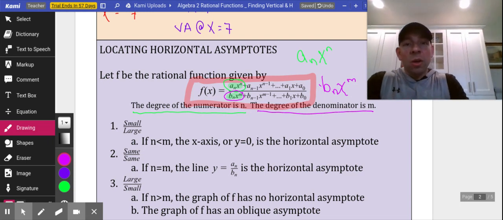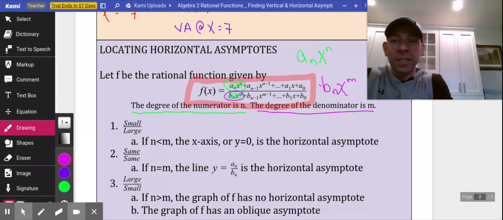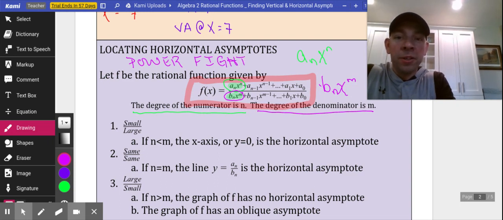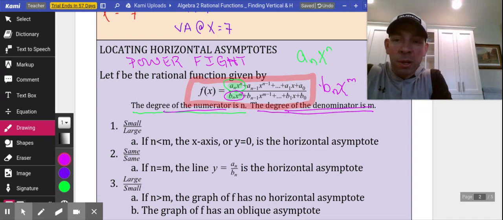Now, you want to compare the degree of the numerator to the degree of the denominator. When we compare their degrees, I call this a power fight, because a lot of times we use the word power for exponent. The first situation is what I like to call small over large.